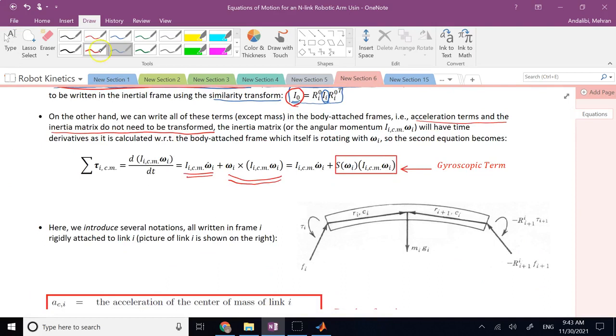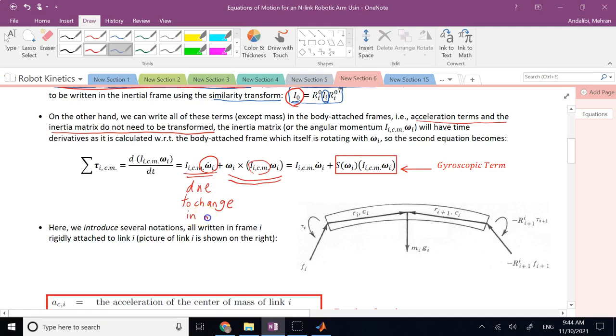The magnitude of it can change because the magnitude of omega can change with respect to time. The direction of it can change because the direction of components of I, or the frame XYZ of link I, can change.